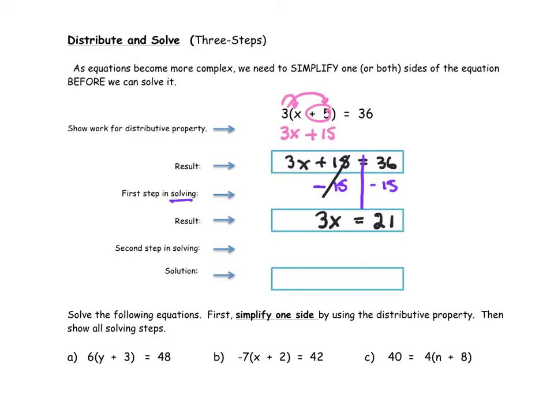If I look at the problem, I have 3x, which is side by side. That means multiply. So we're going to do the opposite. We're going to divide by 3. So I'm going to continue this wall, and I'm going to divide by 3. And because that's our last solving step, these cancel out, leaving x, and 21 divided by 3 is 7.